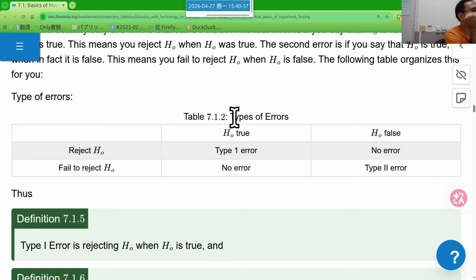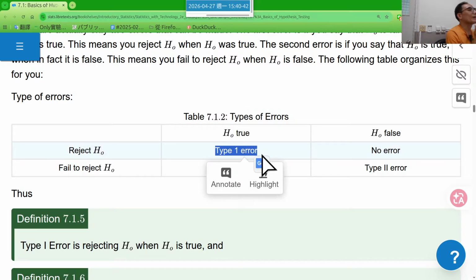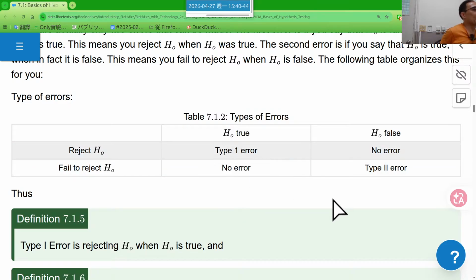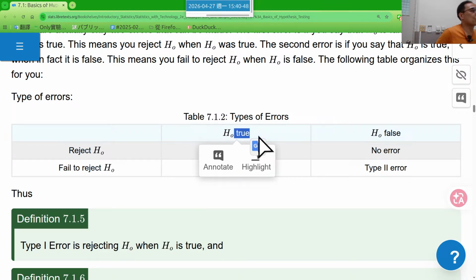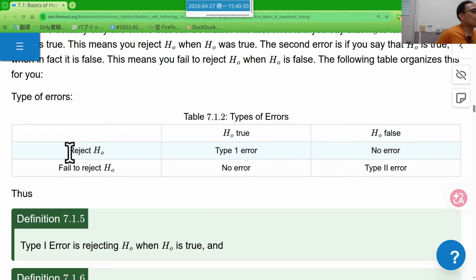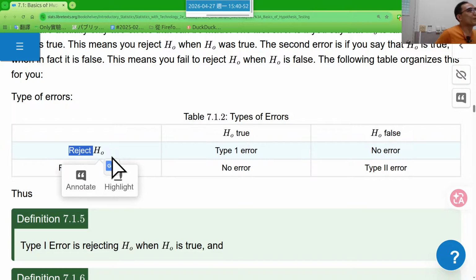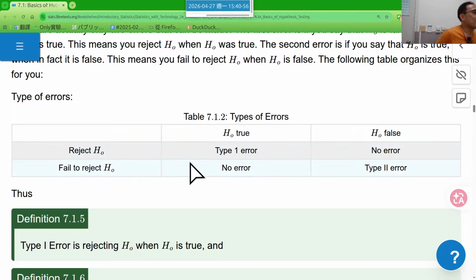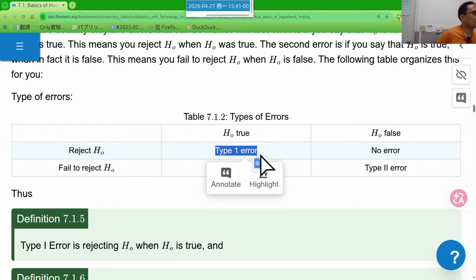The following table organizes this for you. Types of errors. The first one, type 1 error. What does it mean? When the null hypothesis is true and you reject it, you should not have rejected it, but you did. It means that you made the type 1 error. Not you, it's me, I made the type 1 error.